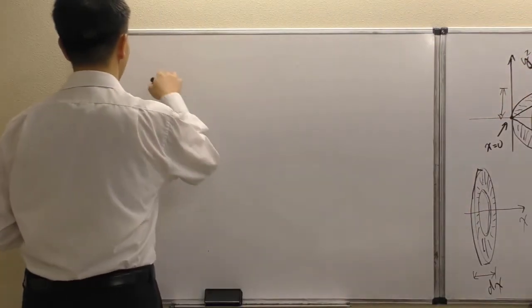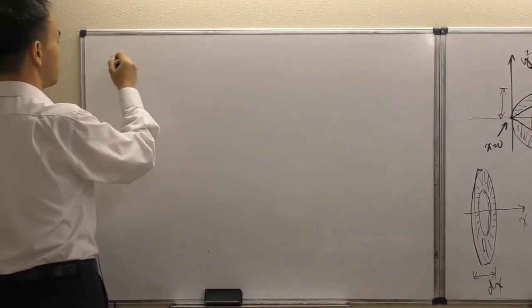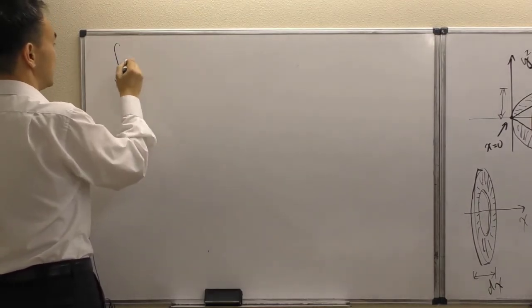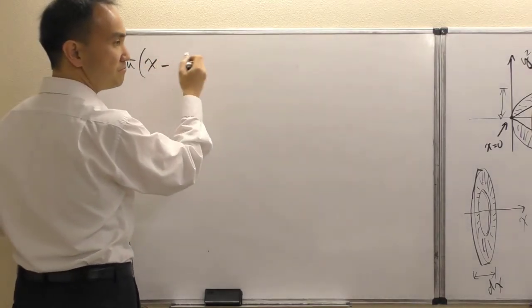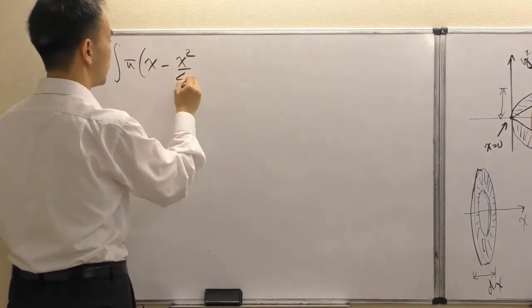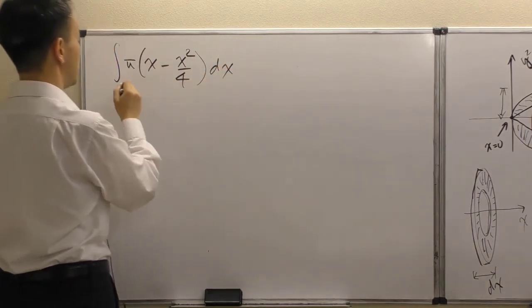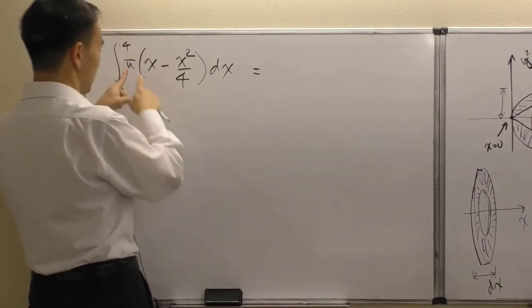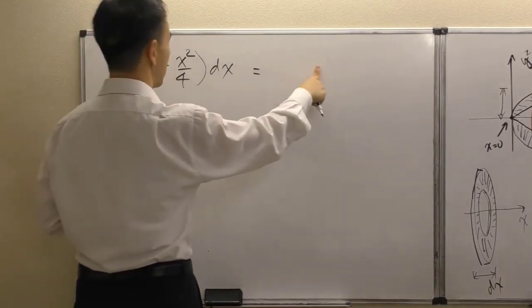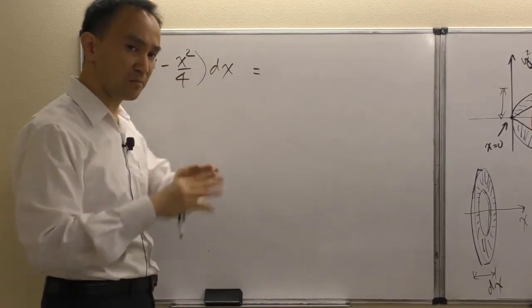All right, so now with our complete integral being pi times x minus x squared over 4, integrating from 0 to 4. The next step: I'm going to multiply that pi out front, but in the end this is simple enough, so I can combine two steps in one.